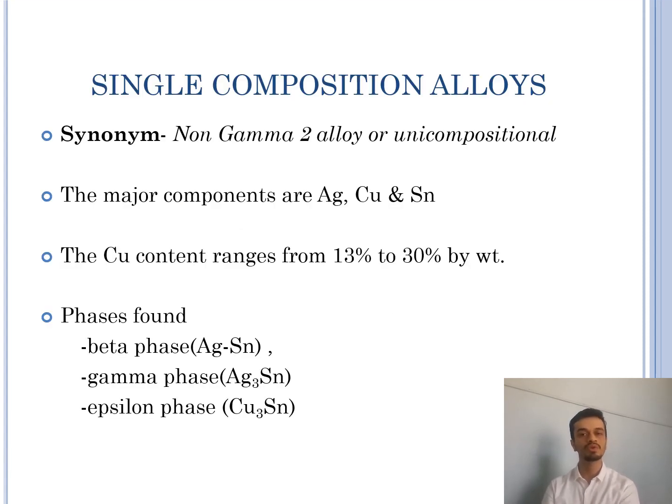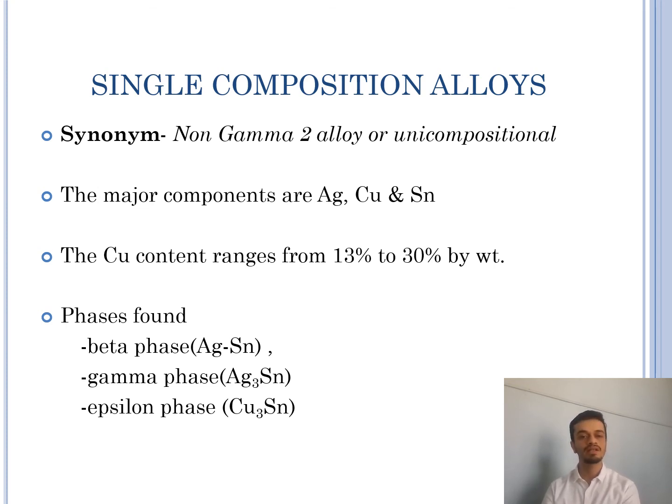Coming to the next, single compositional alloys are also called non-gamma 2 alloys or unicompositional alloys. Non-gamma 2 because there is no formation, or very limited formation, of gamma 2 alloy. The major components include silver, copper and tin in uniform composition, all in eutectic form.